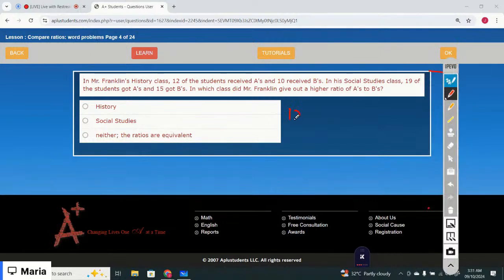That is 12 to 10 and 19 to 15. The question is, in which class did Mr. Franklin give out a higher ratio of A's to B's?